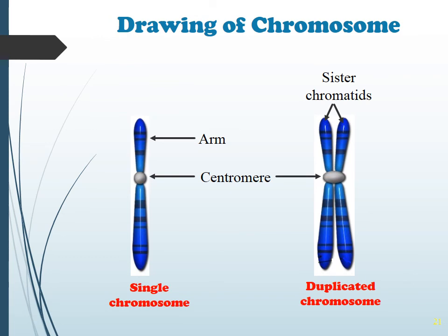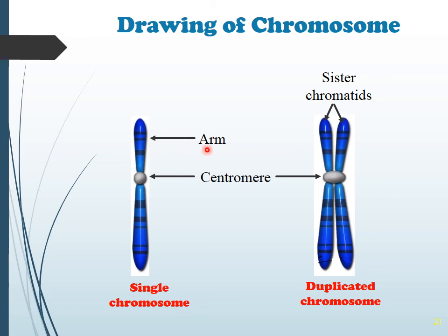This is the most important point when it comes to the board exam: sketch and label a chromosome. So please read the instruction, whether the question talks about a single chromosome or a duplicated chromosome. If a single chromosome is asked, you will simply draw one centromere and two chromatids, and your labels will be centromere and arm.